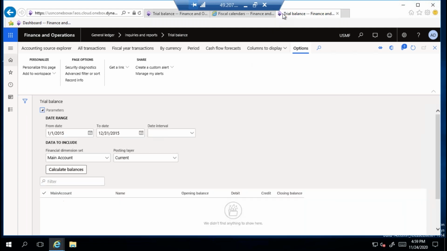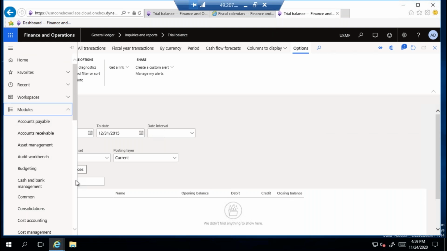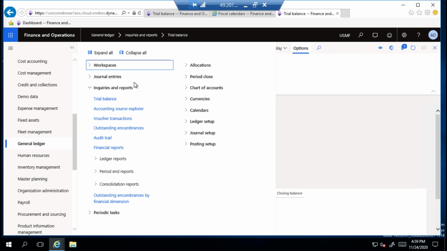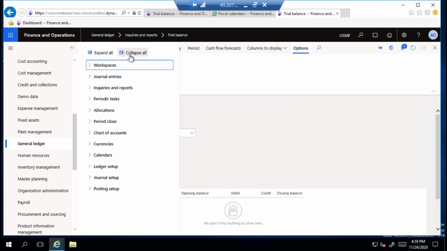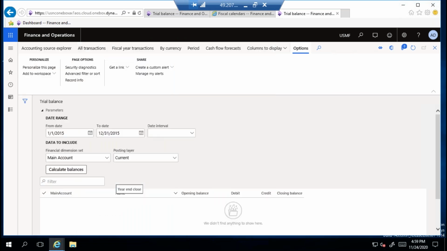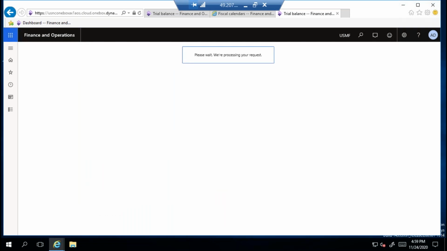So let me execute this year-end process. General ledger, year-end close. Okay, I will write down the path, year-end close.